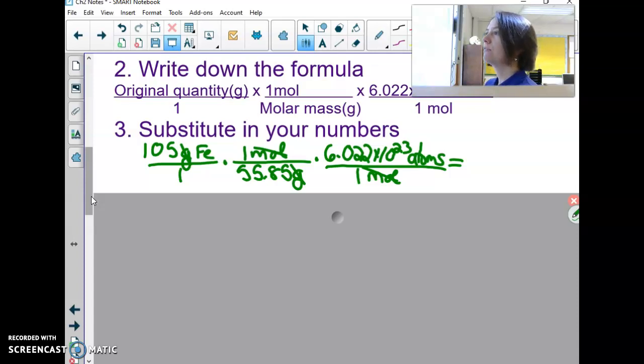I have 105 times 1 times 6.022 times 10 to the 23rd divided by 1 times 55.85 times 1. So basically 105 times 6.022 times 10 to the 23rd, and that whole quantity divided by 55.85. Do make sure you are using your parentheses correctly, or otherwise you're going to get a crazy answer.